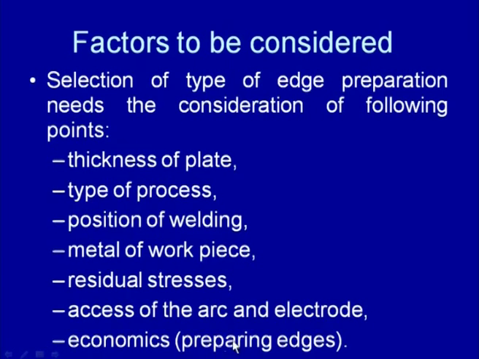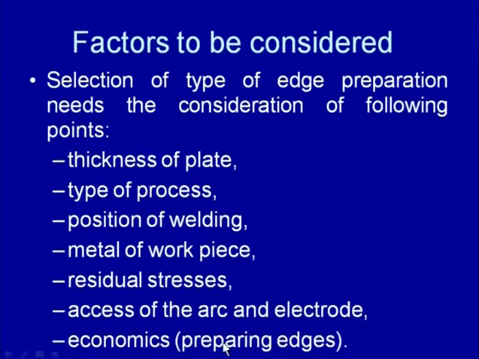And finally, the economic aspects. Some of the edge preparations are costly to work with, like it is difficult to get the J and U groove geometries as compared to the simple V groove and square groove geometries.